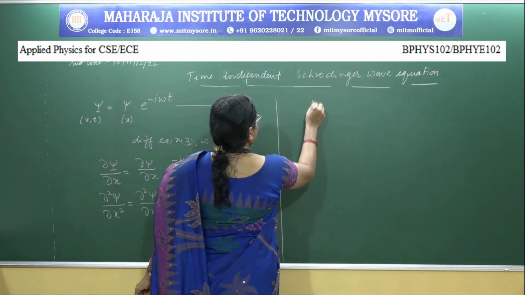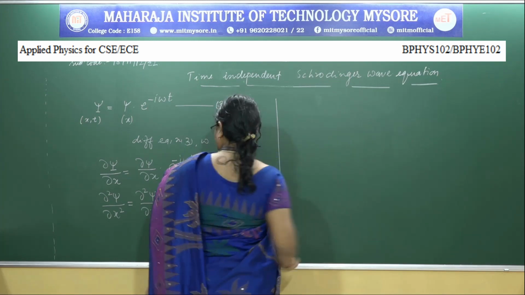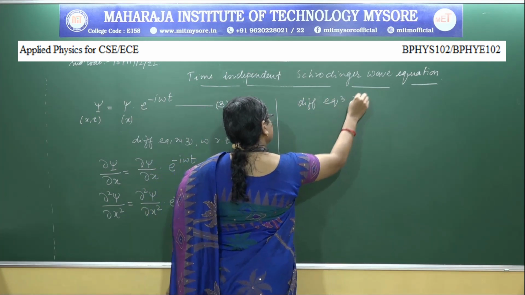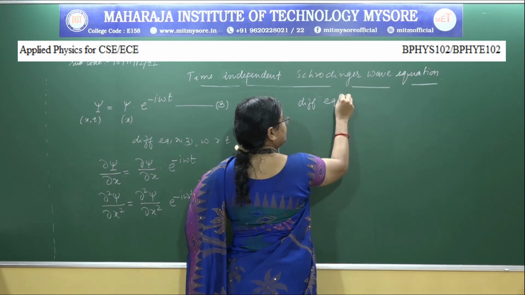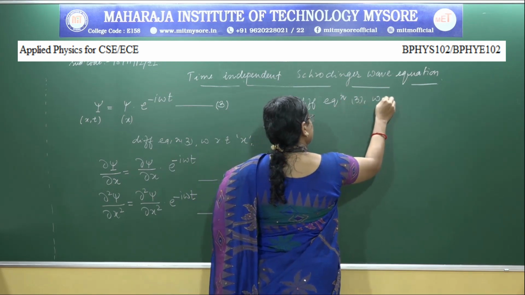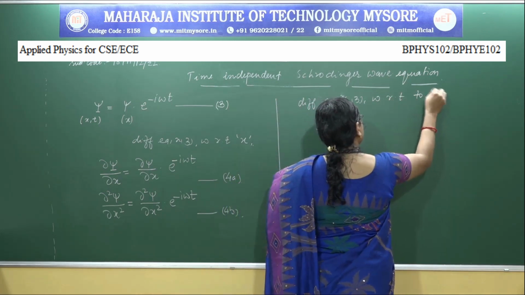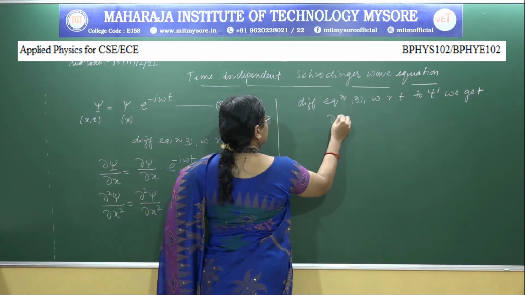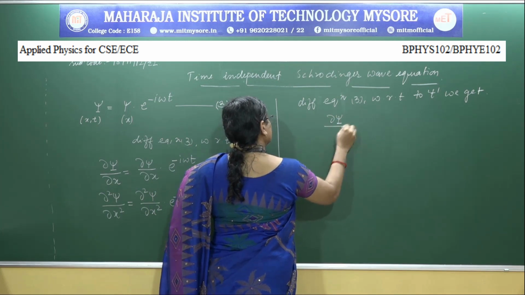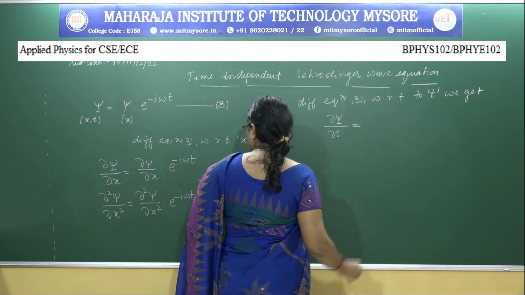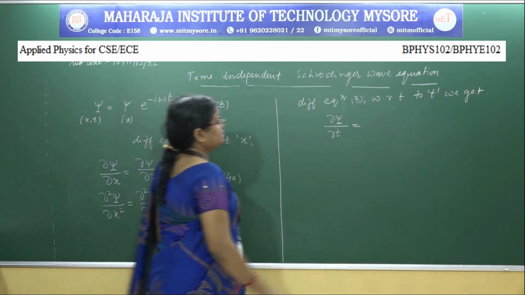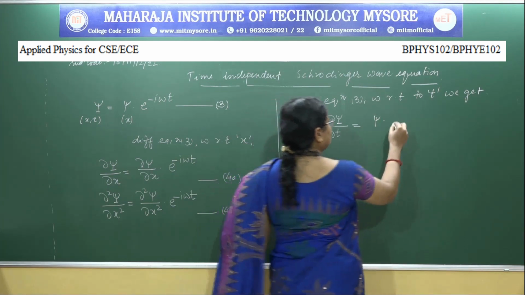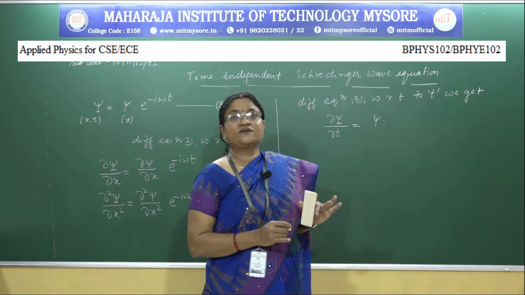So differentiating equation 3 with respect to t, we get dou psi by dou t is equal to psi, it will remain as it is, and we will differentiate exponential of minus i omega t.